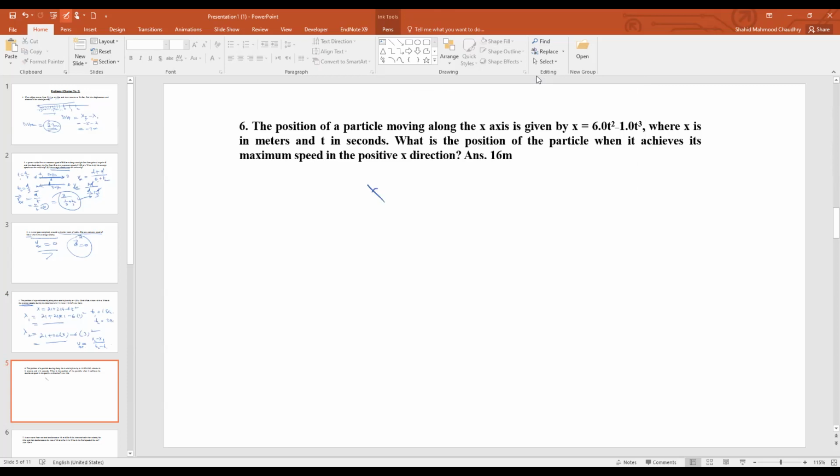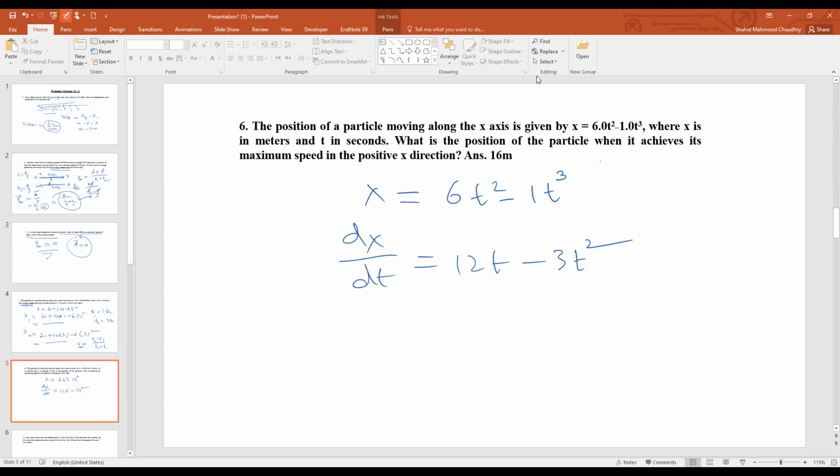This is important. x is equal to 6t square minus t cube. Find dx over dt here. So dx over dt is 12t minus 3t square.